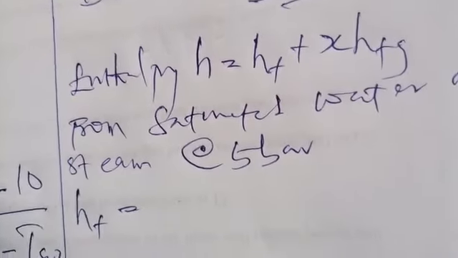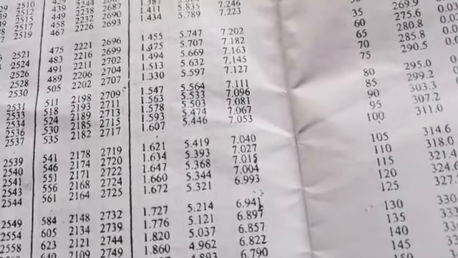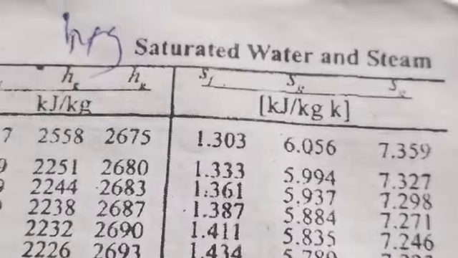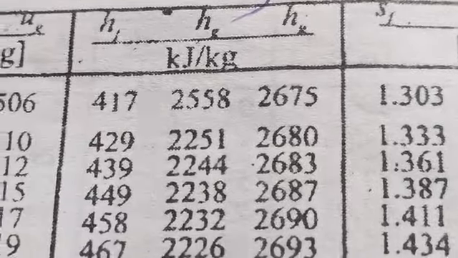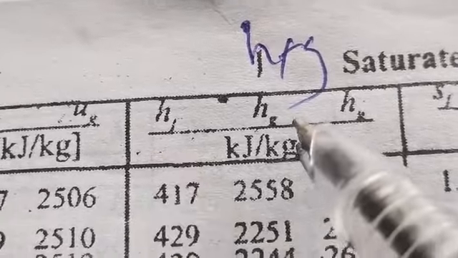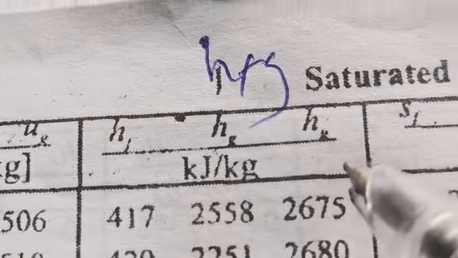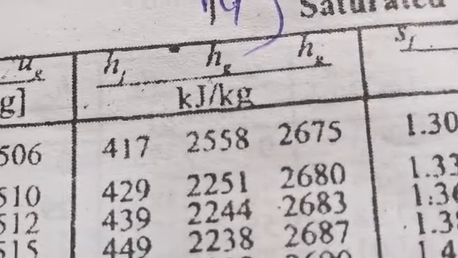Let's look up the steam table now. All right, so once again, this is the column for enthalpy. You can see here enthalpy of the fluid hf, enthalpy between the fluid and the gas. So this is actually hfg and not hg. And this is hg, enthalpy of the gas.